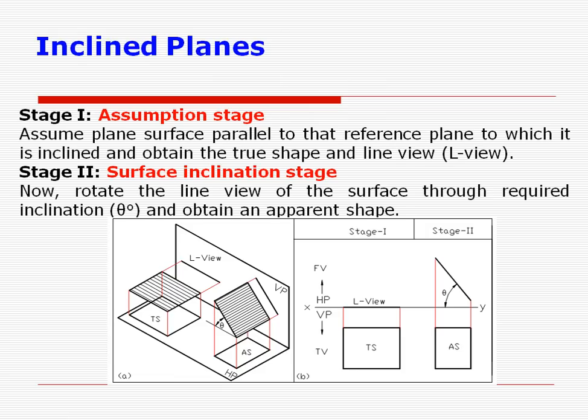So by that much inclination we will tilt the line, and corresponding to that we shall drop the perpendicular from the ends of the line, and we shall get the new apparent shape of the object. So this is generally the solution technique we shall follow for inclined planes.